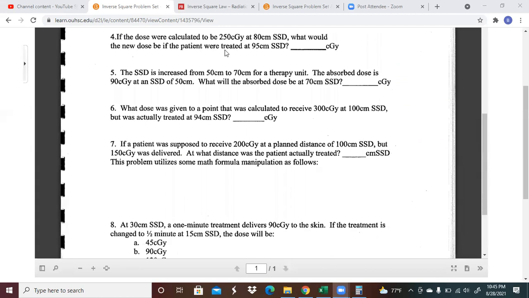Let's take a look at number 4 here. If the dose were calculated to be 250 centigray at 80, what would the new dose be if the patient were actually treated at 95? For some reason, you scooted the patient 15 cm away from the accelerator. So let's see what's going on with that.